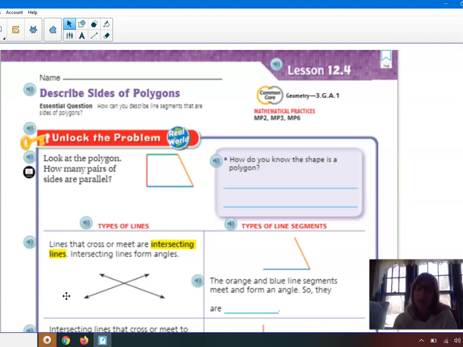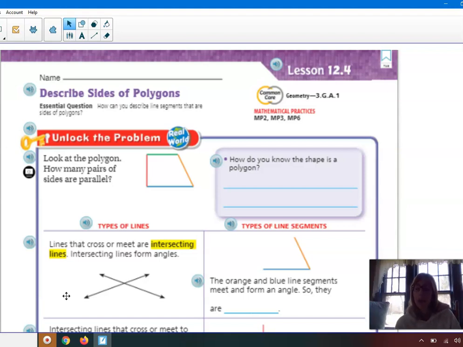So last week we were doing Chapter 12, Geometry 12.1, 2, and 3. So we're going to continue on. We were talking about lines, we were talking about angles, we were talking about 90-degree angles, we were talking about acute angles, which are less than 90 degrees, and then we were talking about obtuse angles, which are larger than 90 degrees.